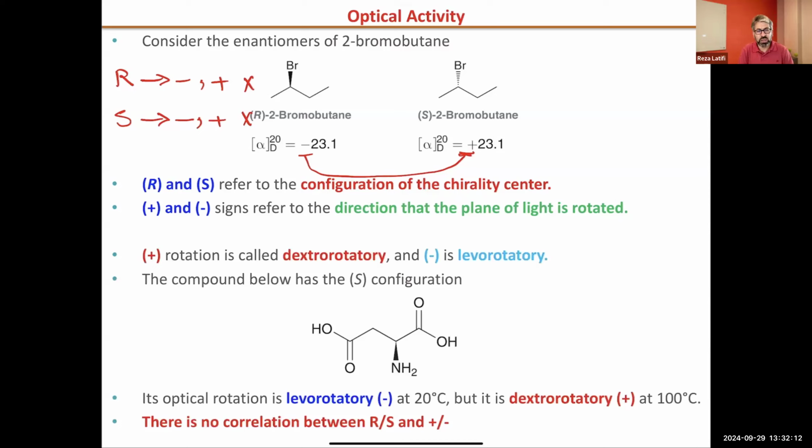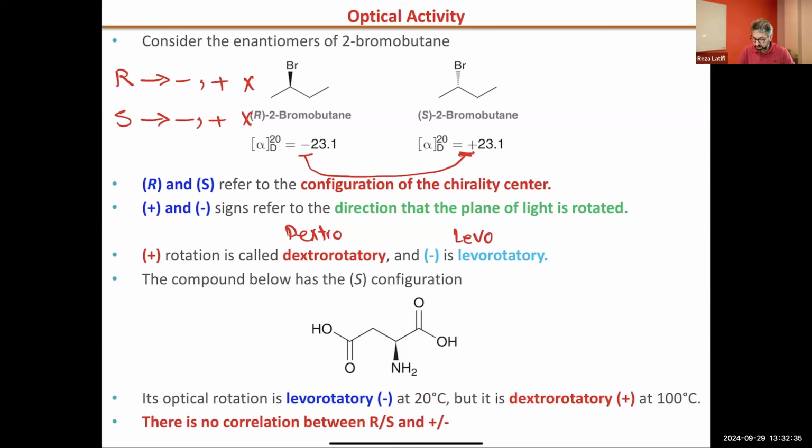And here, sometimes you will see these two terms, dextro rotatory and levo rotatory. I know the pronunciation is going to be hard, dextro or levo. Dextro stands for rotation to the right side, and levo for rotation to the left side.